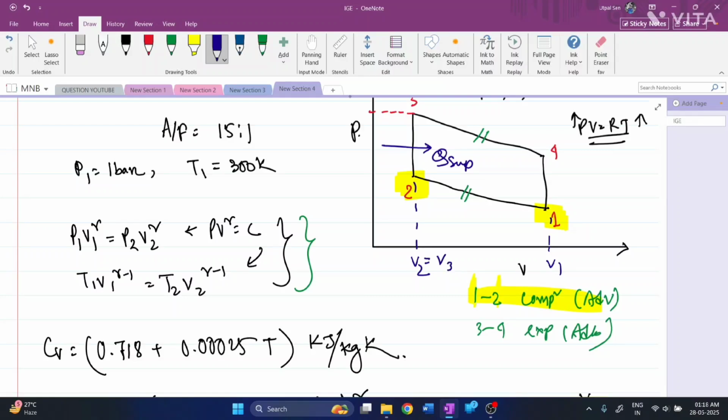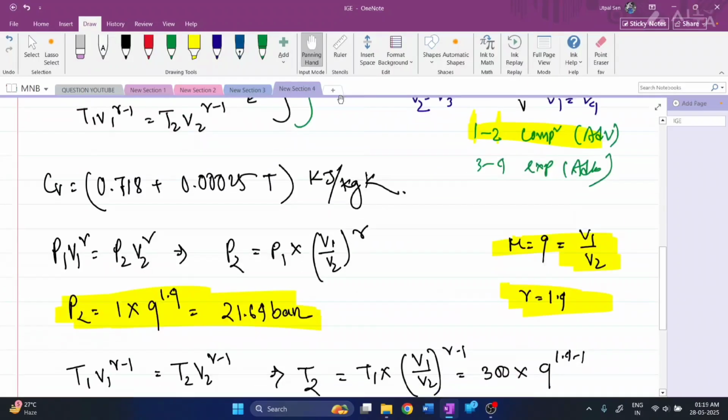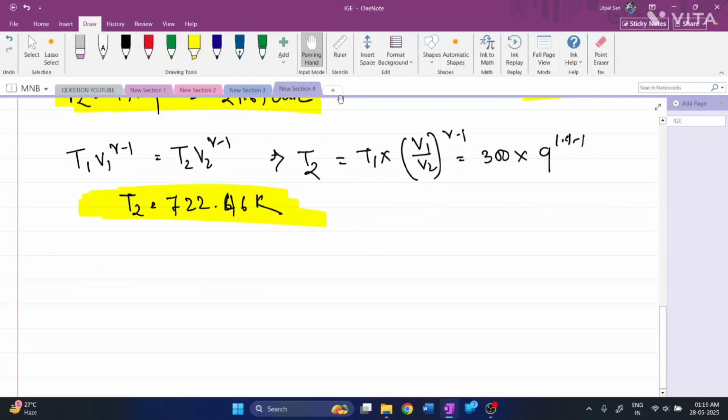The constant volume heat addition takes place, and then the adiabatic expansion takes place. Then constant volume heat rejection also takes place here as P1 equals P4. So you understand this. By that, we have to find out the heat supplied per kg of air.